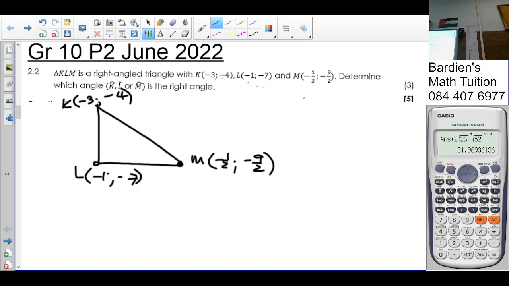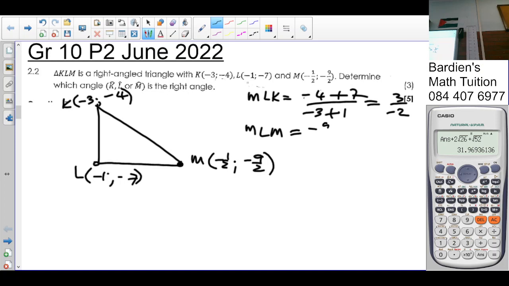Okay, so we're going to go with the gradient of LK, y2 minus y1 over x2 minus x1. So that gives us 3 over -2. The gradient of LM is going to be -9 over 2 minus 7, -half minus 1.